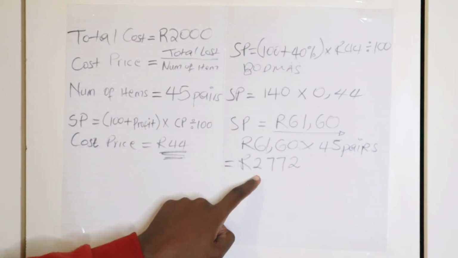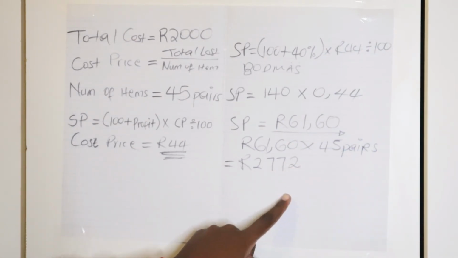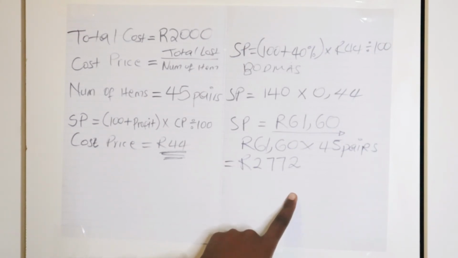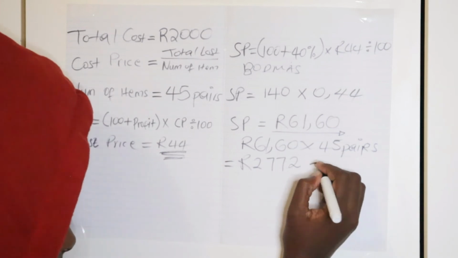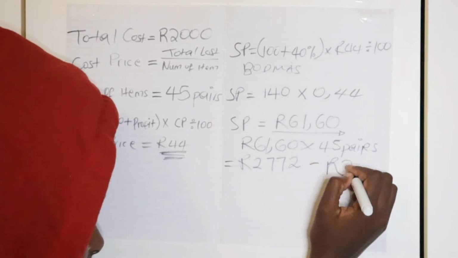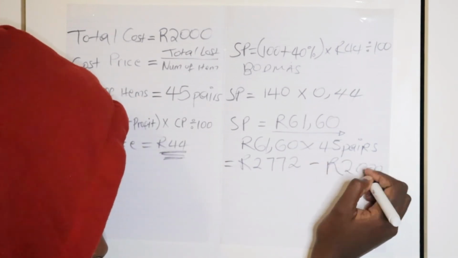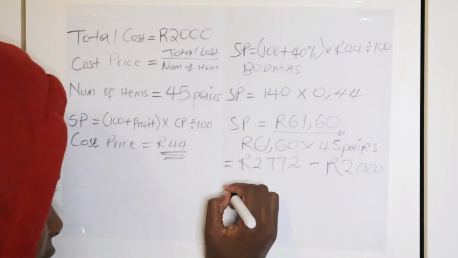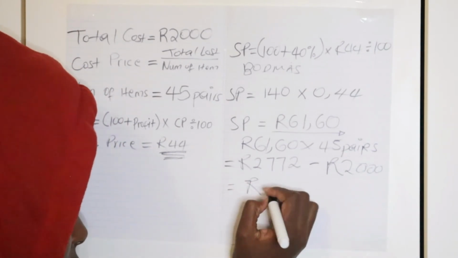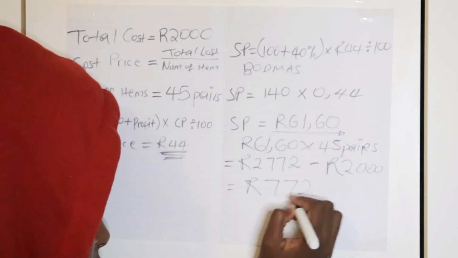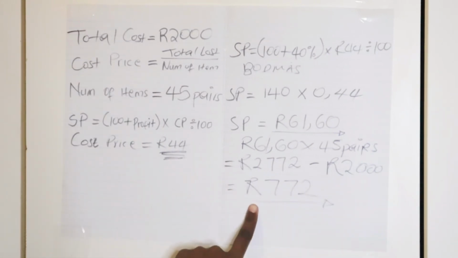And how much was your total cost, or the money that you started your business with? It was 2,000. So you're going to subtract 2,000. When you subtract 2,000, how much are you left with? 772. 772 is your 40% profit, the money for your business.